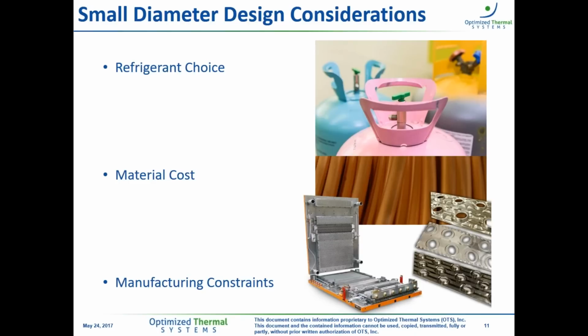There are limitations on the bend radii for hairpins and U-bends, and limitations for the minimum and maximum spacing between fins. All of these need to be factored in when we come up with a heat exchanger design. And these constraints may be new to us if we haven't designed with 5mm tubes before.